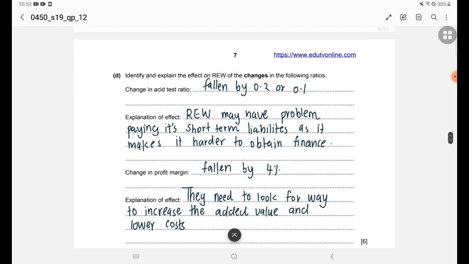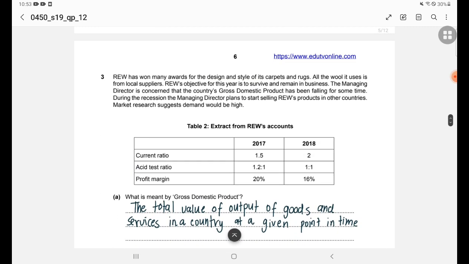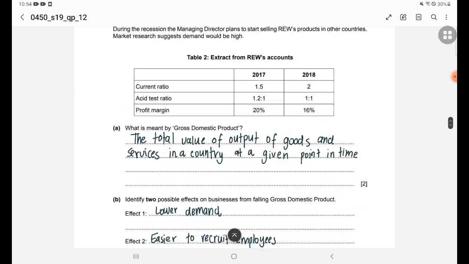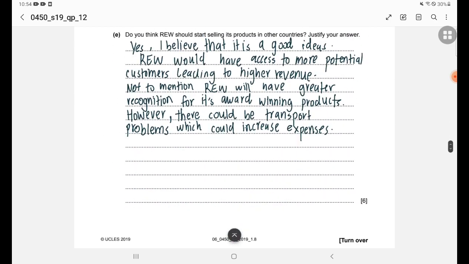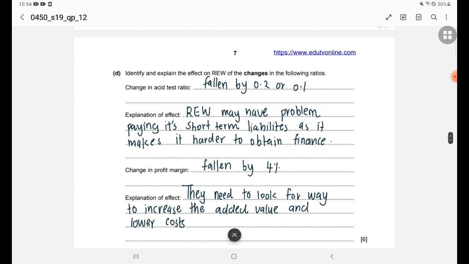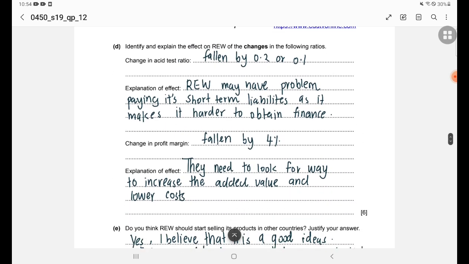What we can see here is that the acid test ratio has fallen. Here it is 1.2 to 1, and then for 2018 it is 1 to 1. So it has fallen by 0.2 or 0.1 approximately.